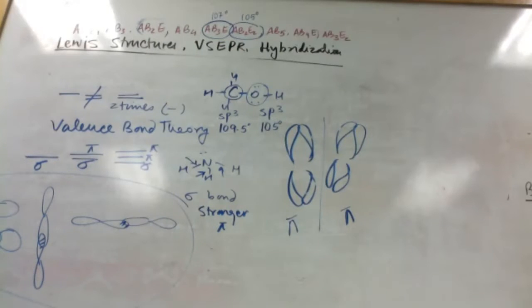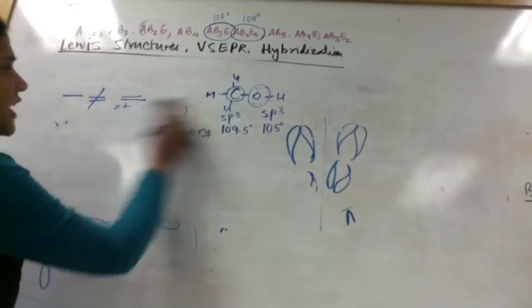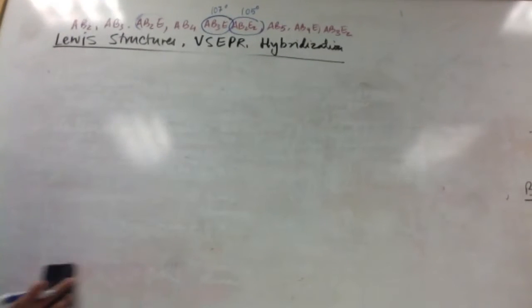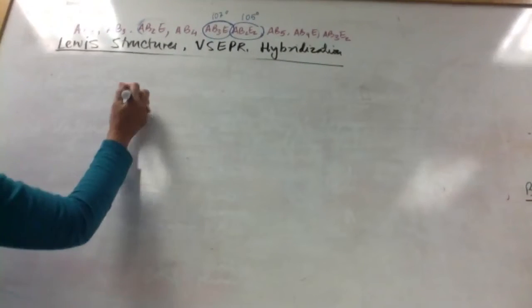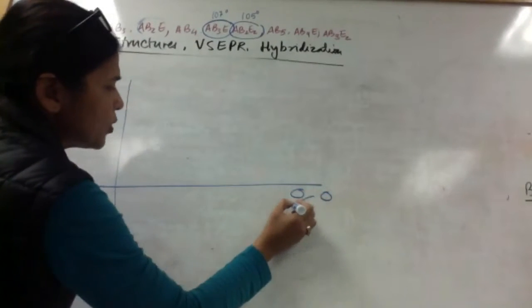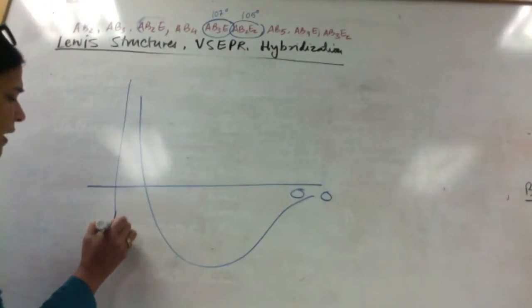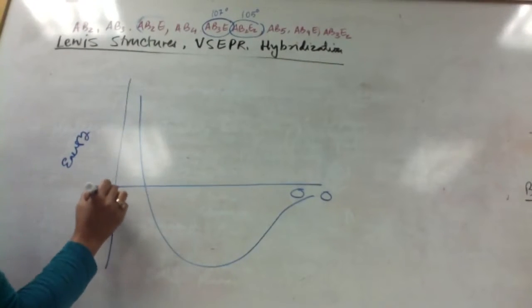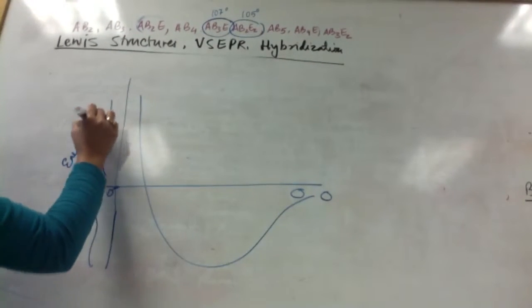Then one other thing I wanted to address is potential energy diagrams, which came with valence bond theory and bonding. And valence bond theory says, as the atoms approach each other to form a bond, the energy on the y-axis is energy. This is 0. This is negative. This is positive.